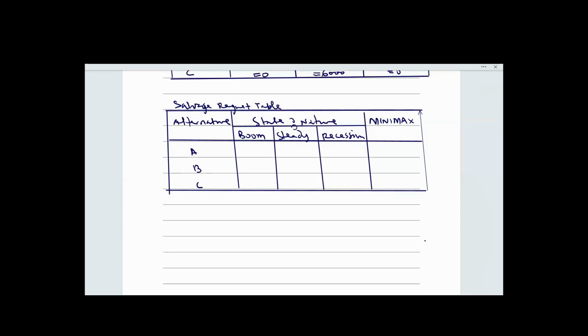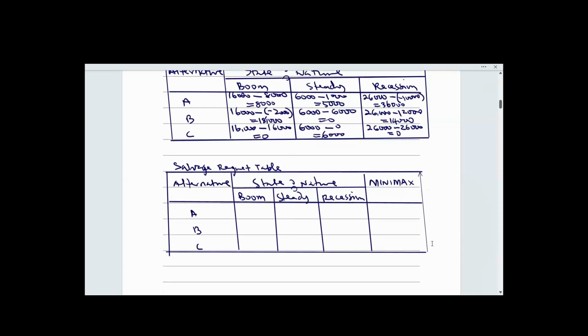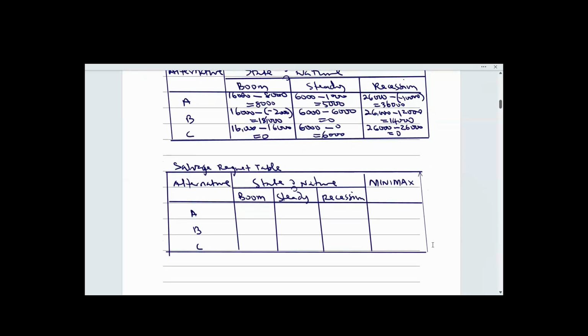Now, the figures that we have in step 2, we are going to put in the savage regret table. So under boom, we have 8,000, 18,000, and then 0. Under steady, 5,000, 0, 6,000.